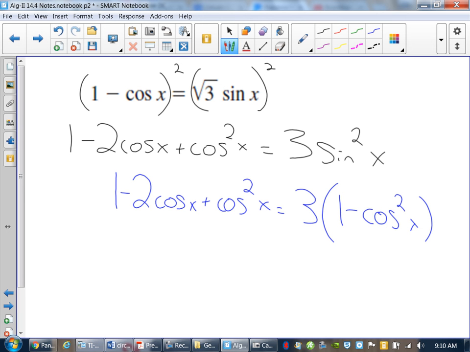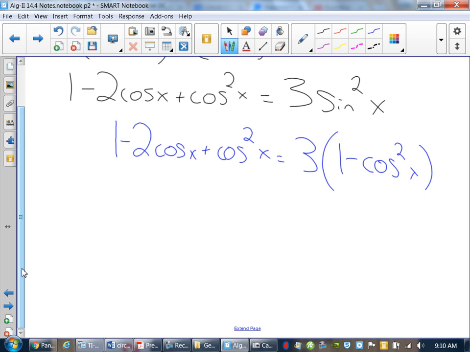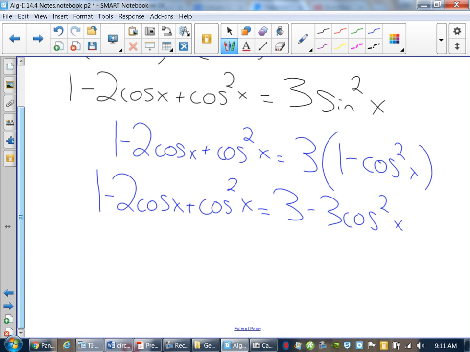Distribute. And now you're back to setting one side equal to 0.